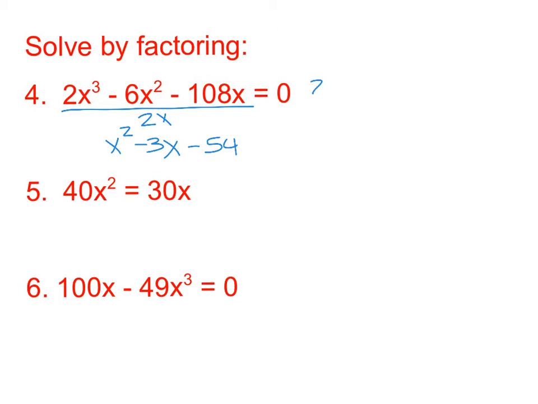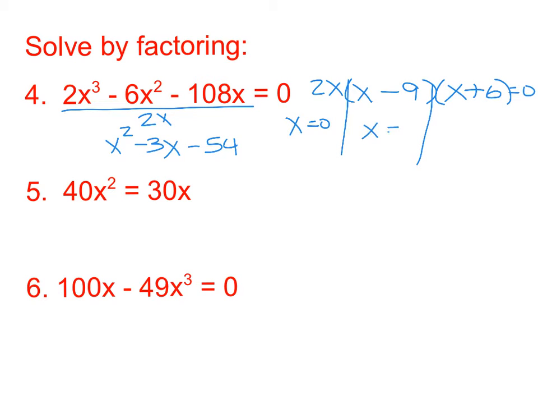So then we have 2x, and then I'm going to factor. 54 is 6 and 9, so x minus 9, x plus 6, so that I have a -3. Now I'm going to have 3 answers: x equals 0, x equals 9, and x equals -6. Done.